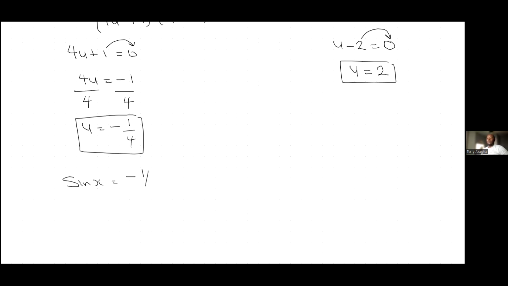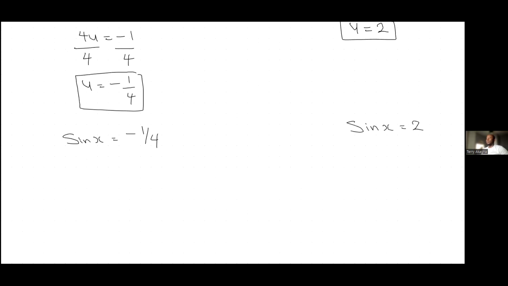And we also know that sine x is equal to 2. So now the next part is to get x. So x will be equal to the sine inverse of minus 1 over 4.